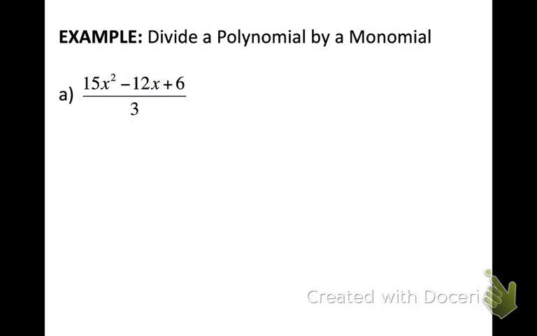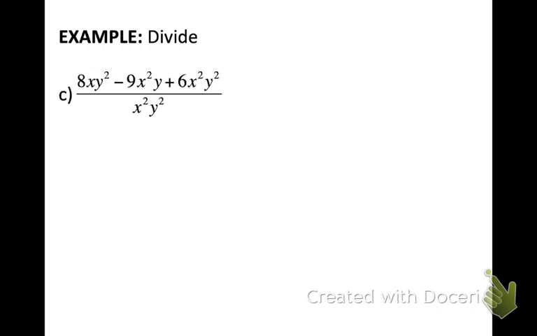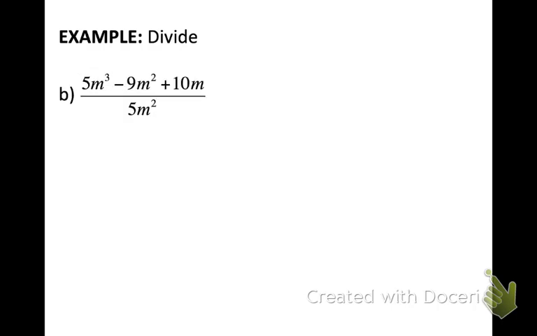All right. What about if I put some variables into play? So 5m to the third minus 9m squared plus 10m all over 5m squared.